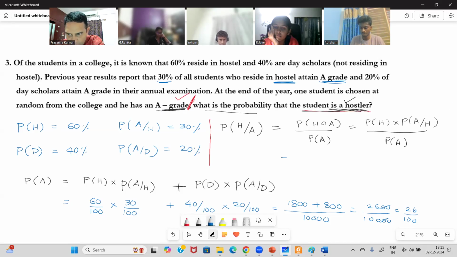What is your denominator? 26 by 100, or I can write it as 2600 by 10,000. And what is my numerator, and is it already there? Yes, the numerator is 1800 by 10,000. That's it. So this gets cancelled. So it's basically 18 by 26 or 9 by 13.